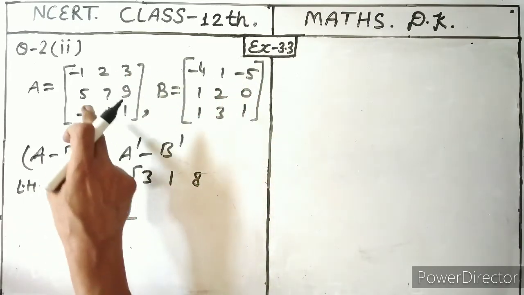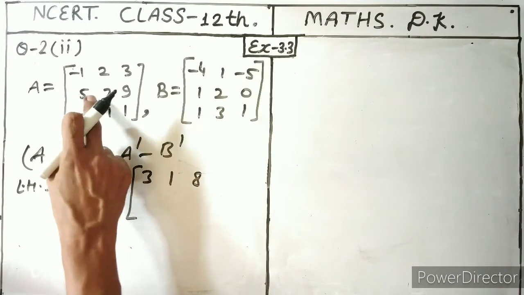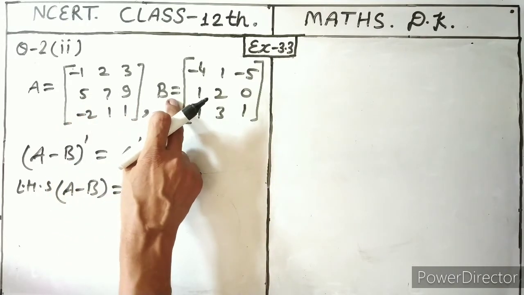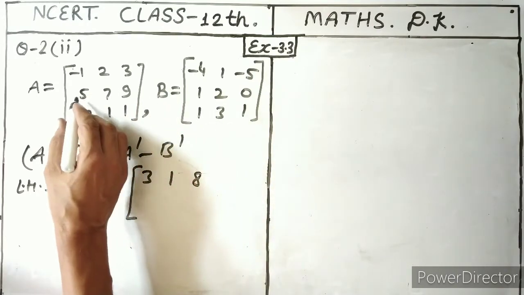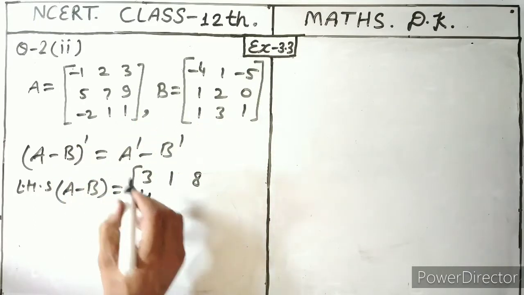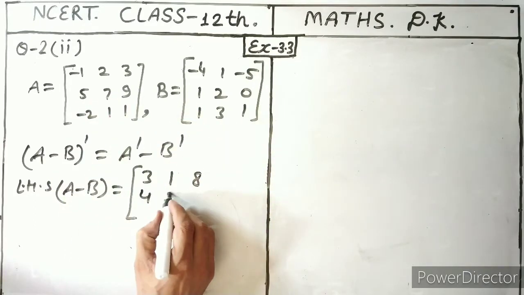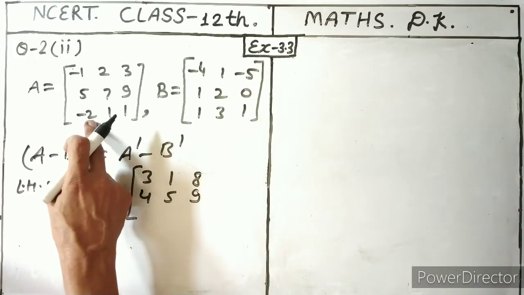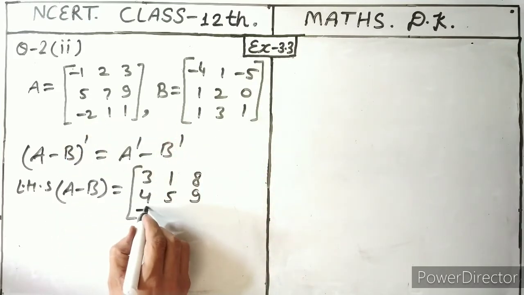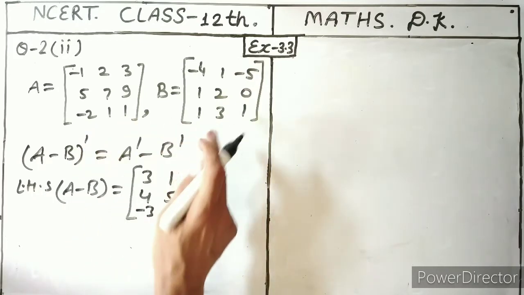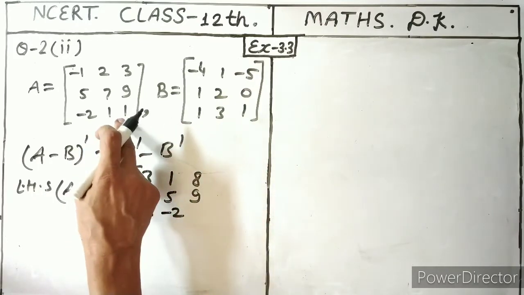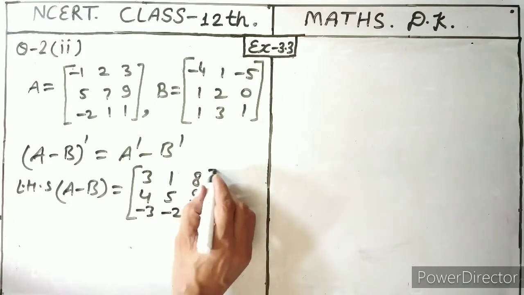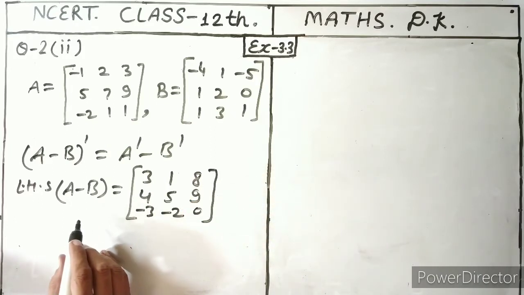Because in A we subtract B matrix. Then 5 -1, 4, 7 -2, 5, 9 -0, 9, -2 -1 -3, 1 -3 -2, 1 -1, 0. This is A minus B.